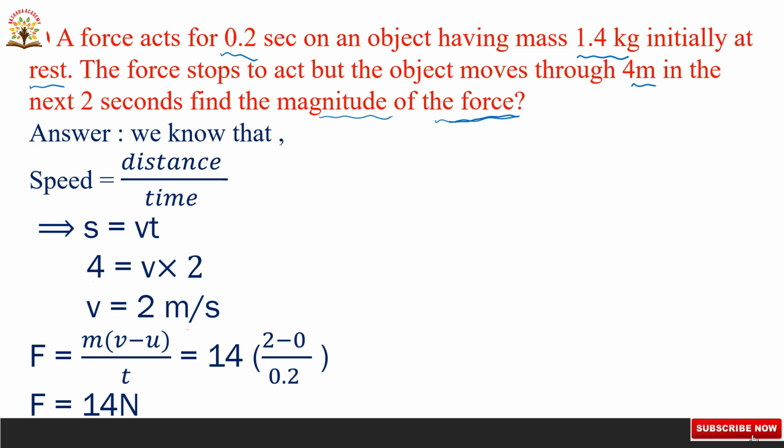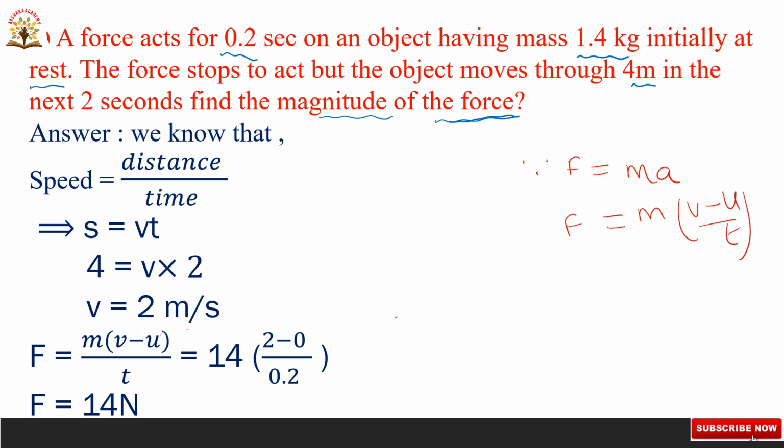Force F is equal to, from Newton's second law of motion, F is equal to ma, a is nothing but V minus u by T. So F is equal to m of V minus u by T. Now substituting, V is equal to 2.